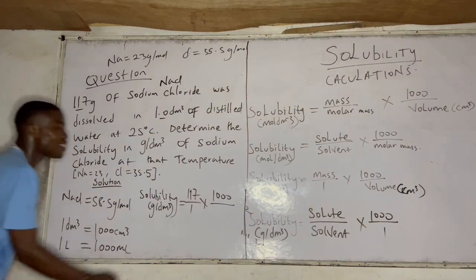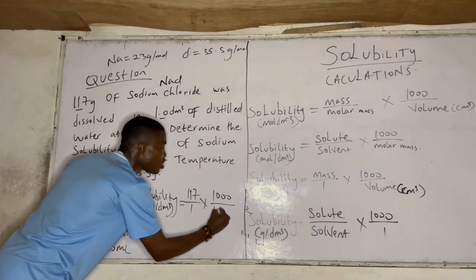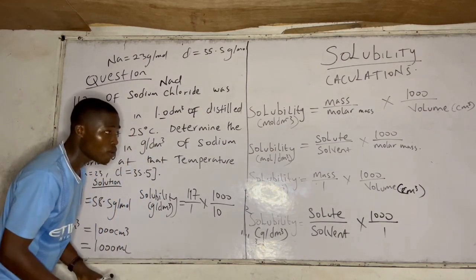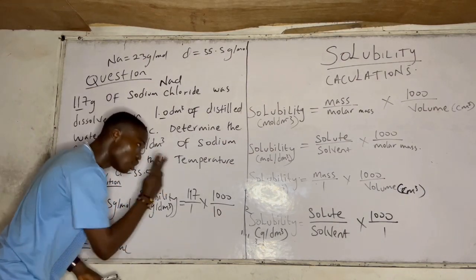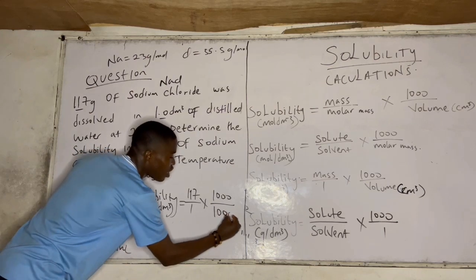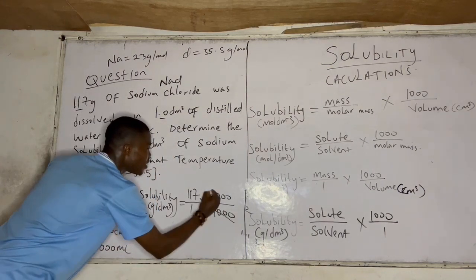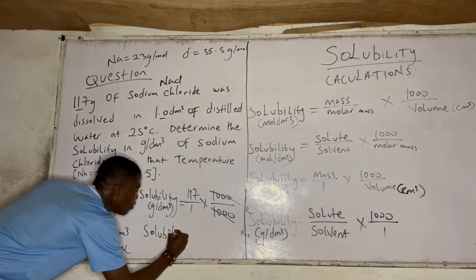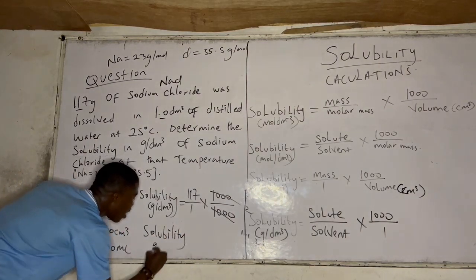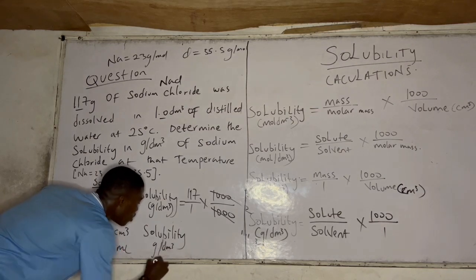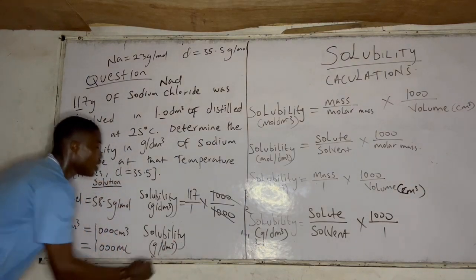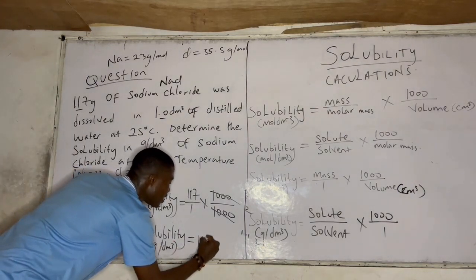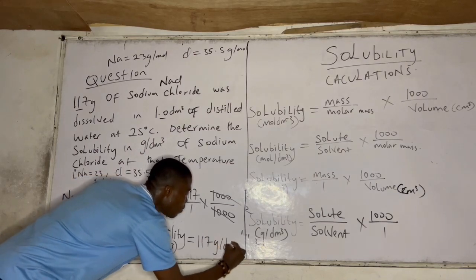So it should be 1000. Always solve questions using your volume in cm³ in solubility. So 1000 cancels 1000. So the solubility in grams per dm³ is equal to 117 grams per dm³.